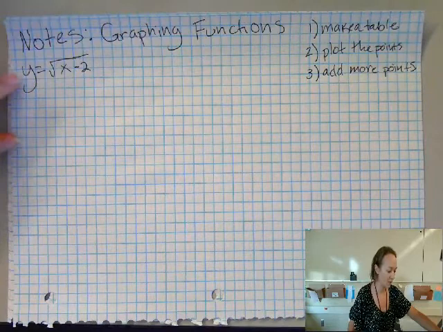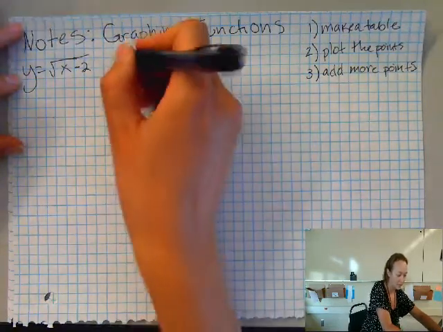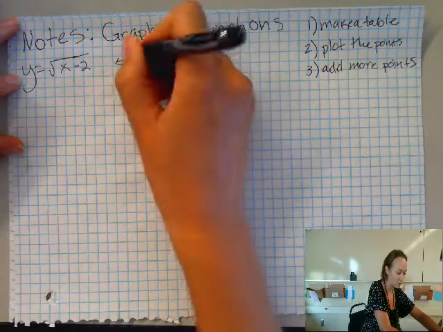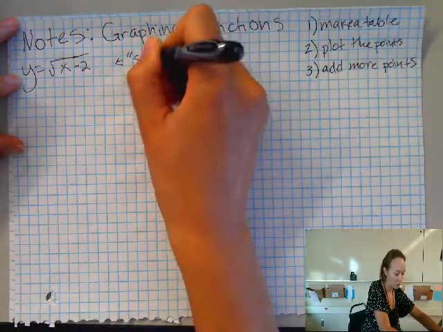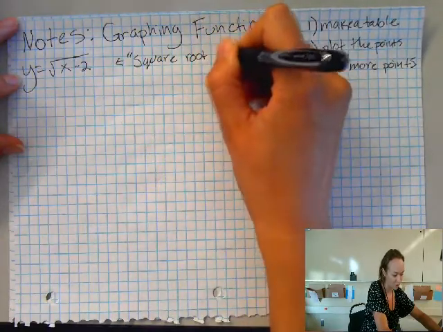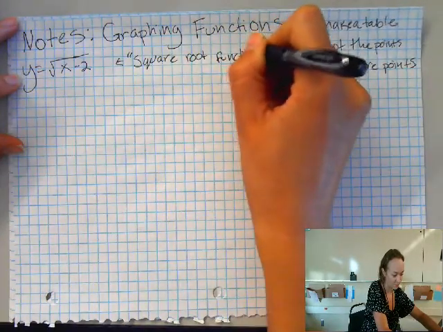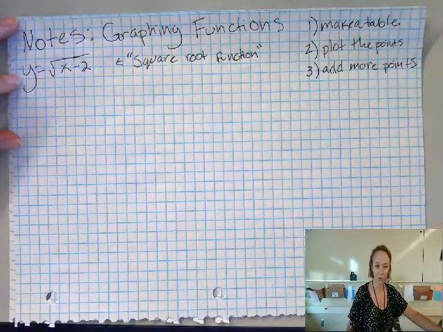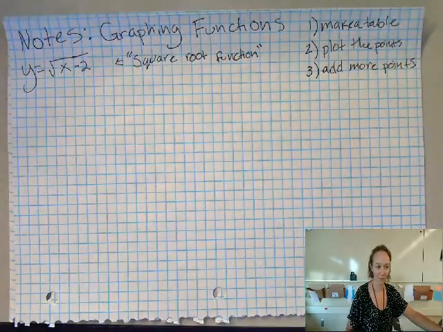This one is called a square root function, like so. I'm going to give you a name for each of these.